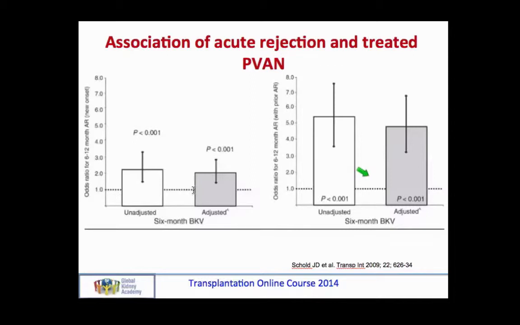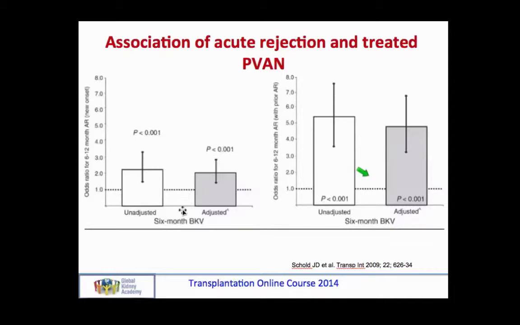This study collected data from the National Scientific Registry of Renal Transplants to look at the risk factors for graft failure in patients with BK nephropathy, and looked at their associations with acute rejection, and certainly people with established BK nephropathy were also at higher risk of acute rejection.